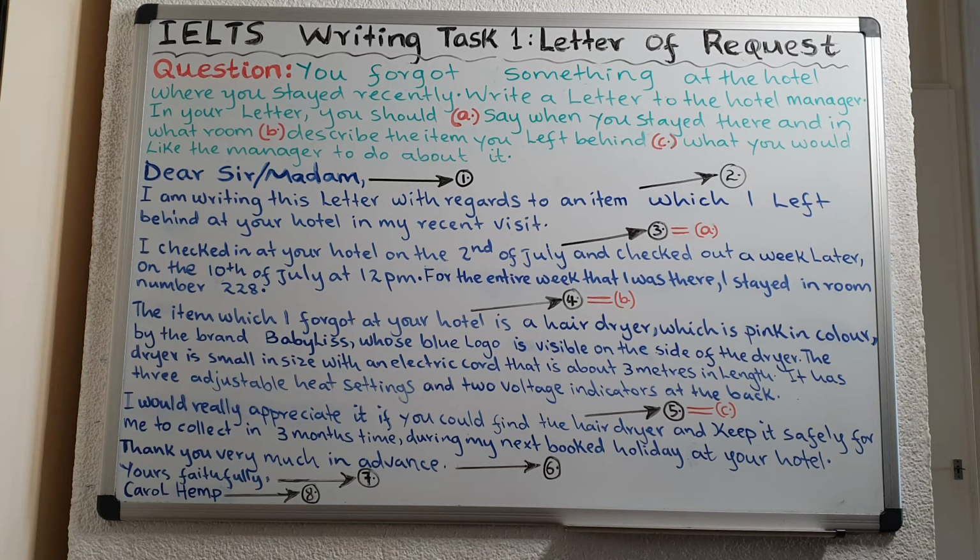And you notice I began that paragraph with the sentence that is in point B. Describe the item you left behind. The item which I forgot at your hotel is a hair dryer. Then I'm describing what the hair dryer looks like. You use the hair dryer to dry your hair. It is pink in color.